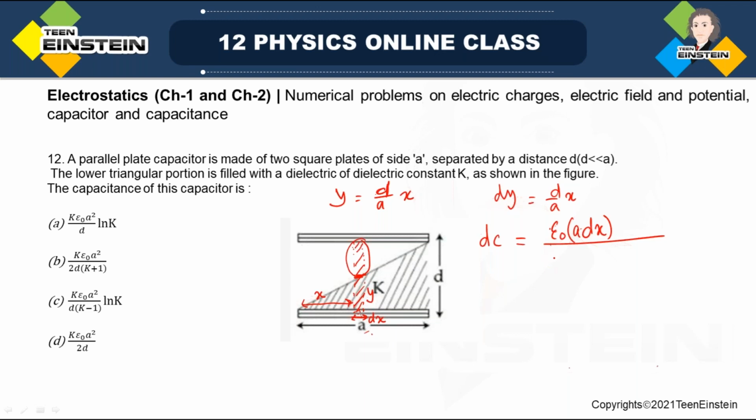as I said, this part will be d minus y, this part having dielectric constant of 1, plus this part actually having thickness y and dielectric constant k, so we will write y by k.